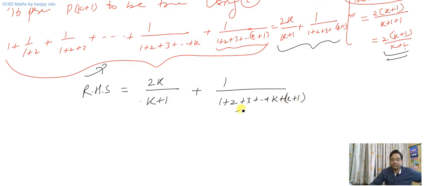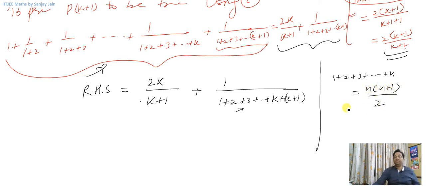If you see, this is nothing but the sum of the first k plus 1 natural numbers, and we know the sum of the first n natural numbers is equal to n into n plus 1 by 2. So I will use this result without proving, okay? Otherwise, if you are conscious enough, you can prove this also using the principle of mathematical induction, but we have already proved it in the previous lecture, so you can use it directly also. So I'll be using this result directly.